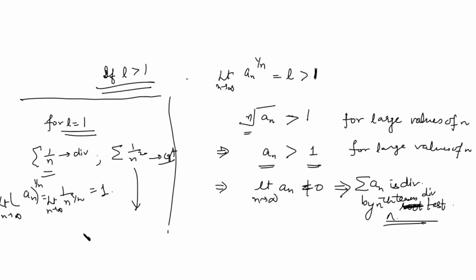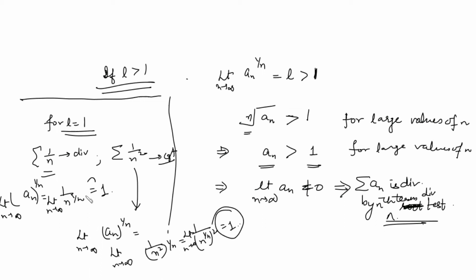The same way here, when you find the limit of the nth root of the nth term, it is also 1. So whenever this limit is 1, we are not sure about the behavior of the series, whether it is convergent or divergent, right?